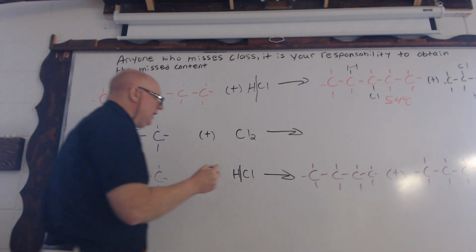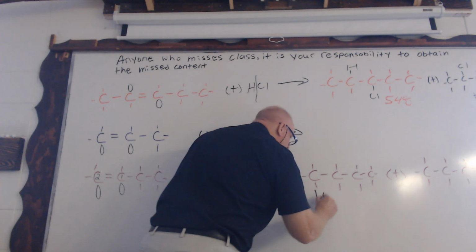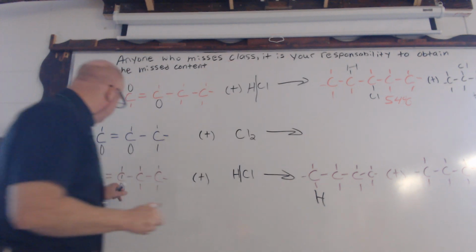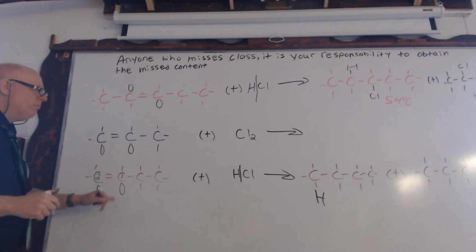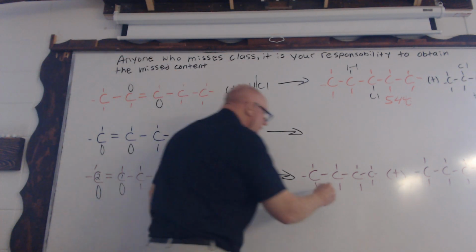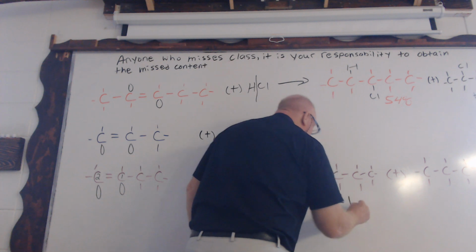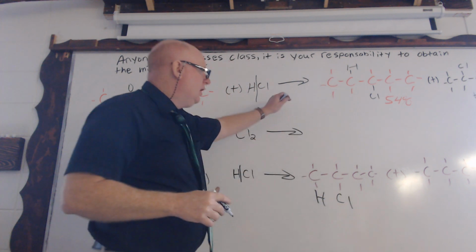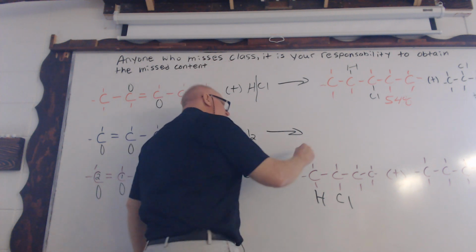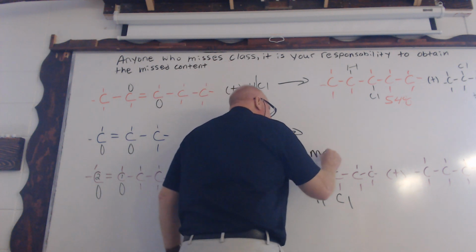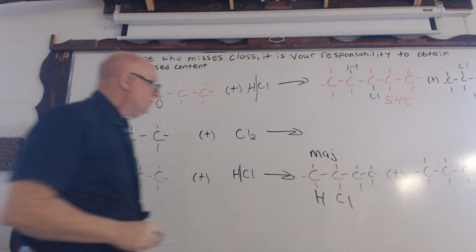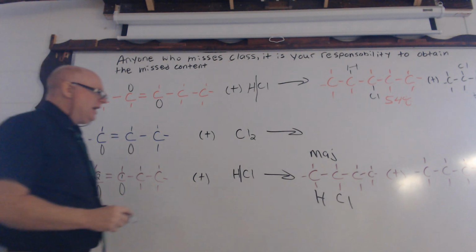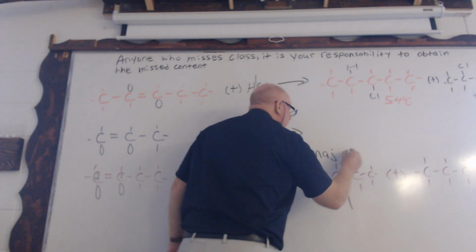So in that case, it's looking for this one, which means that the availability to bond here must be the chlorine. And you could say, well, we're kind of following a similar path up here. Yes, we are. But this is the major product that's formed. Out of this solution, you're going to get probably about 95% of this compound.